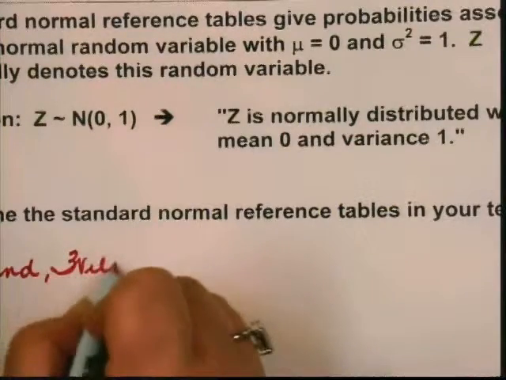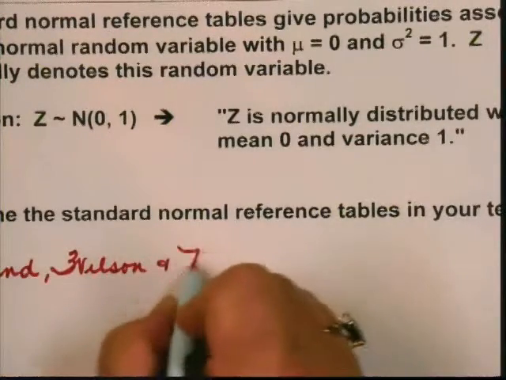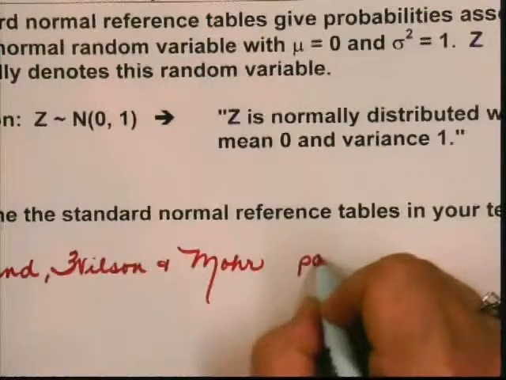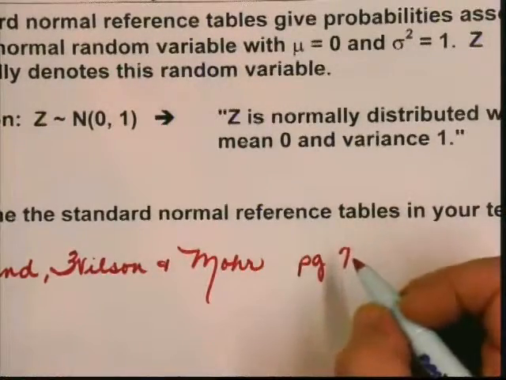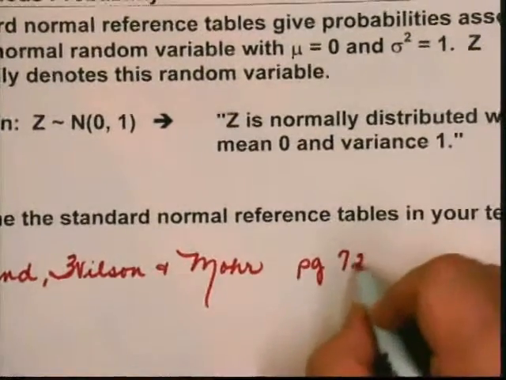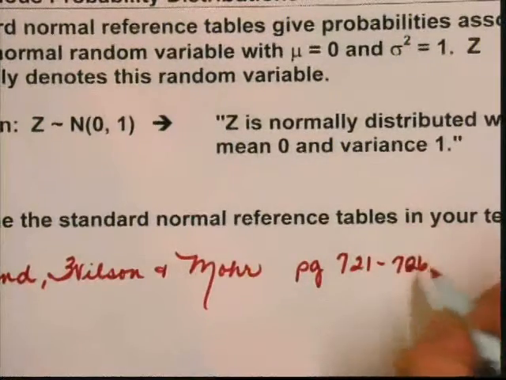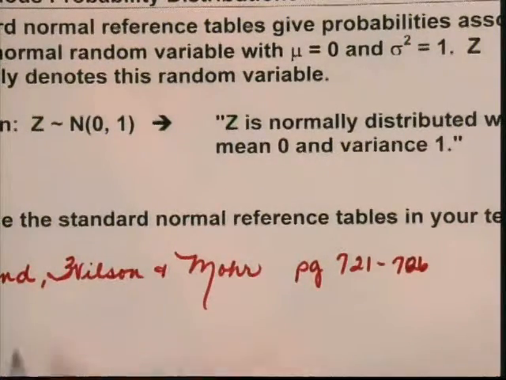So what the table gives you, in our textbook by Moore, is on pages 721 through 726. Excuse me, this is table A1.